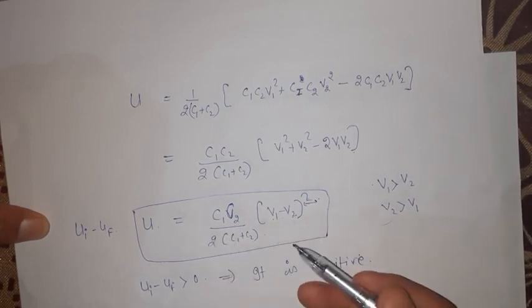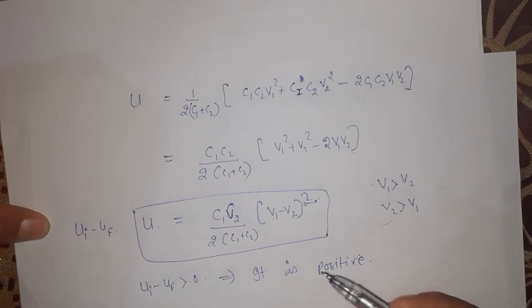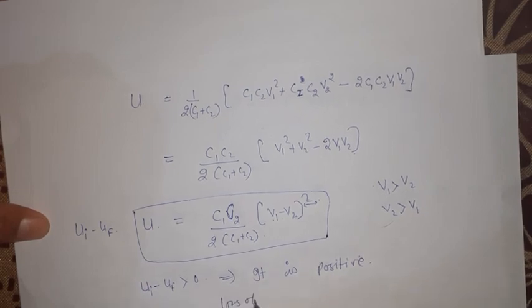c1, c2 are already capacitances, they are positive. So therefore this loss of energy is positive. So that means whenever two capacitors are connected together, there is some loss of energy, and the loss of energy is always in the form of heat.